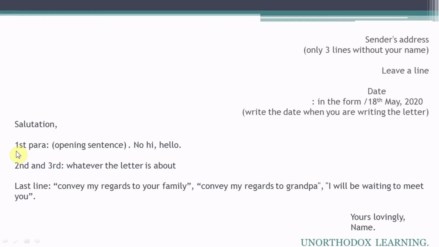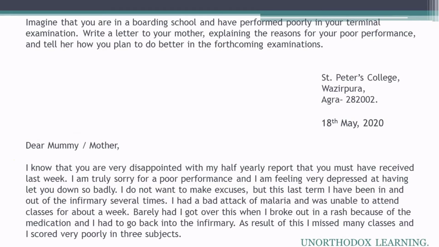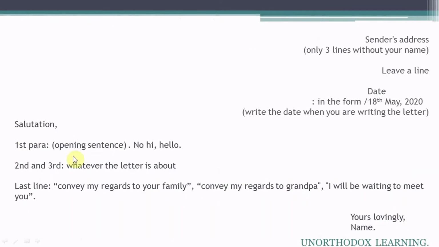If you are writing to your near relatives, you can greet them like dear mummy, dear dad, dear grandma. And if you are writing to your close friends, you can write the name of your friend, like dear Sohan or dear Mac.